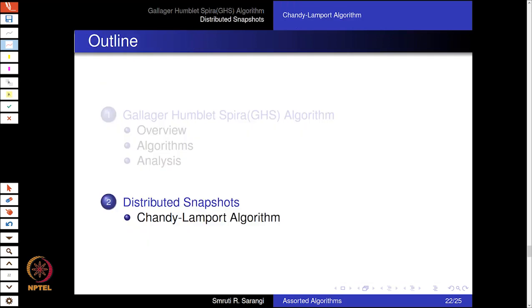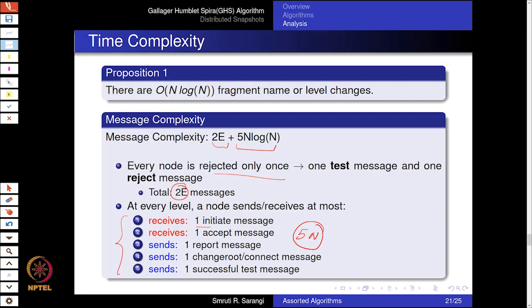And so I have just one more thing to add. How many level changes will you have, right? So what happens is that anytime a level changes, we claim that the number of nodes at least doubles.